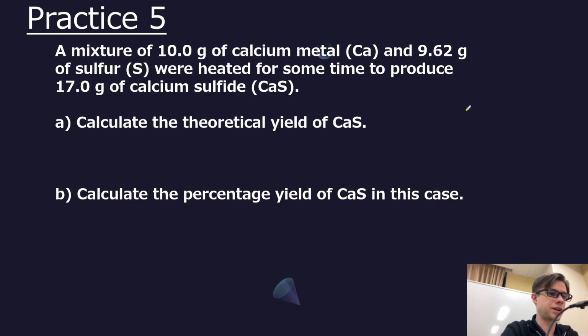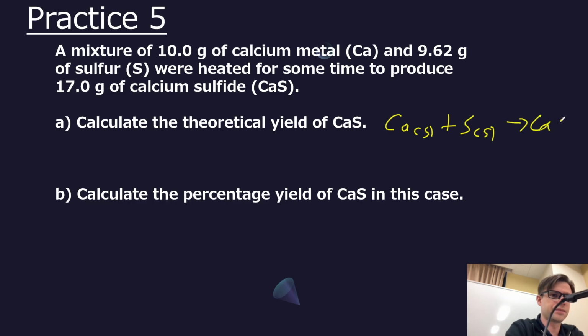I think it's just calcium plus sulfur goes to calcium sulfide. Solid goes to another solid. Everything 1 to 1. But we need to find moles, so moles of calcium.